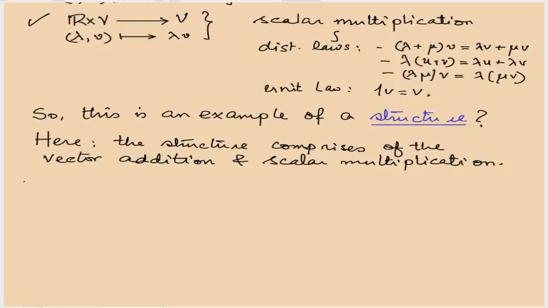Now let us come to functions. Well, when we just had sets, what was a function? A function from a set X to a set Y is a kind of a transformation.